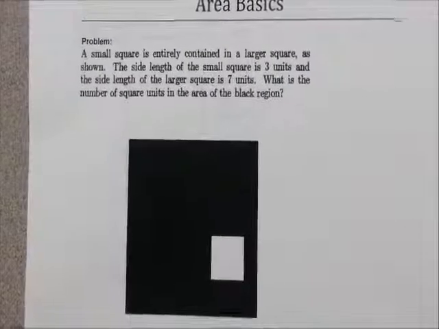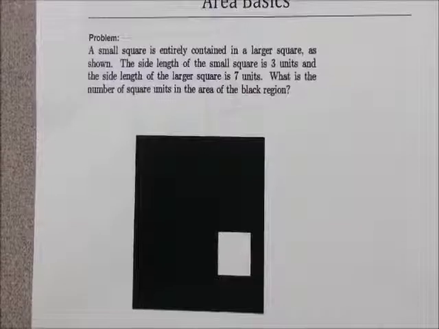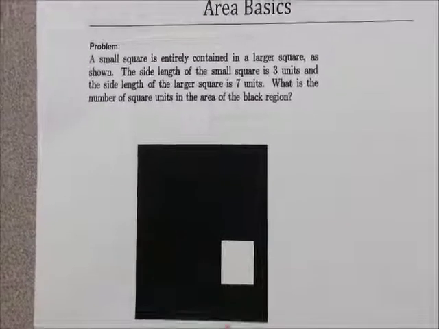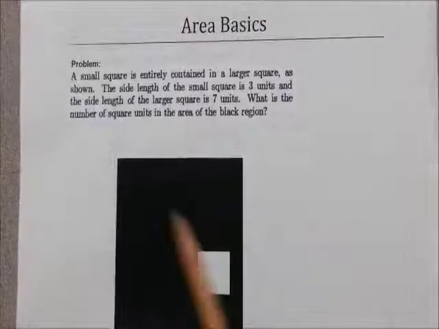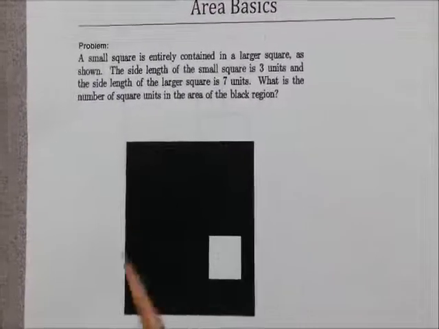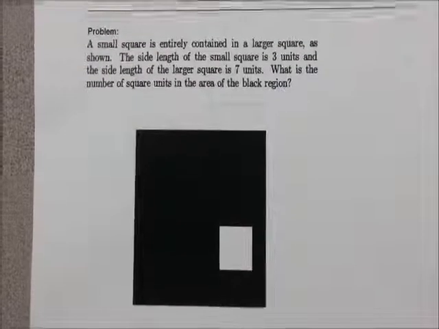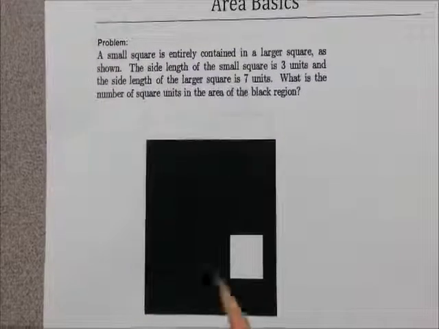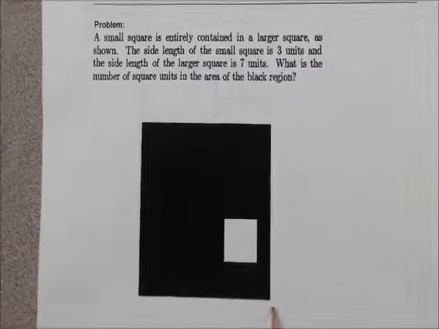So the formula for an area for a rectangular square is base times height. And all you have to do is take everything and subtract out the white one, which we do not want. So base times height, and we already know one length, which is the same as the other lengths.